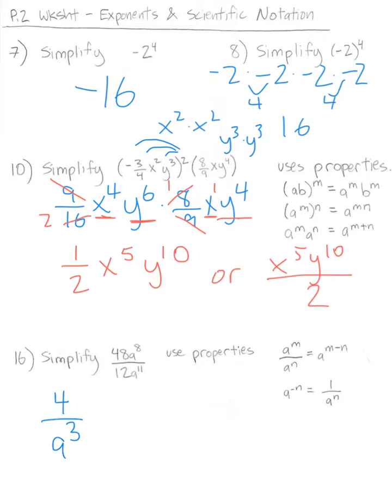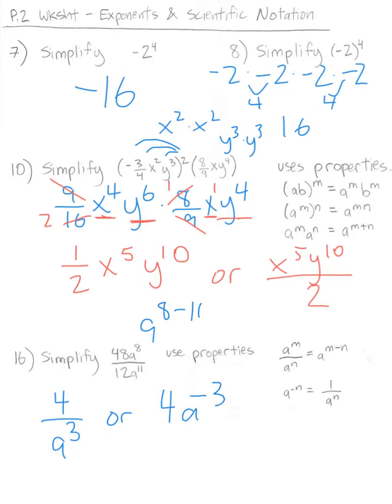If I use this property that says when I divide and my bases are the same, namely the A's, I go ahead and subtract the powers, that would look like 4, and then A to the 8 minus 11 would equal A to the -3.